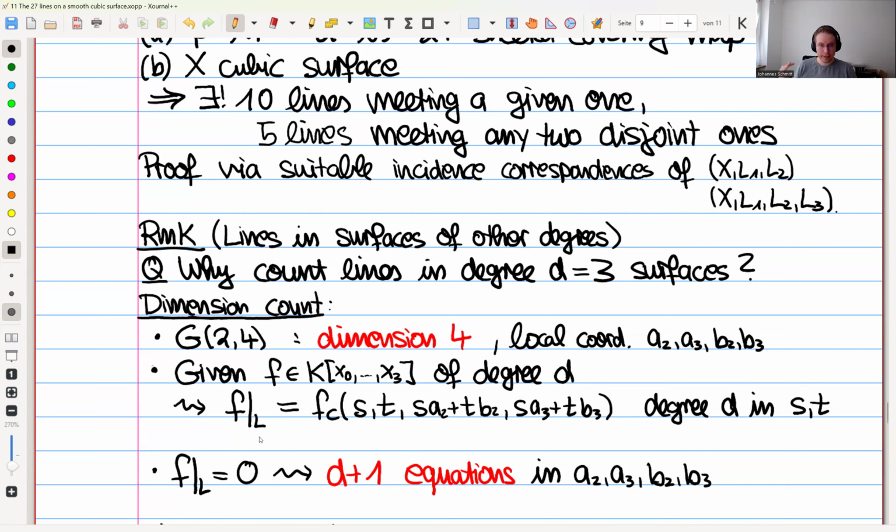And then the line lying in the surface means your equation must vanish on this entire line. So in other words, if you plug in our parameterization of the line, then this here must vanish for all s and t. But you see, this is still an equation of degree d in s and t.